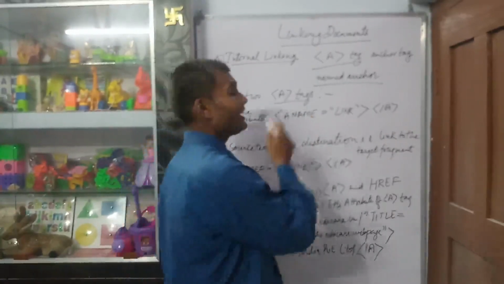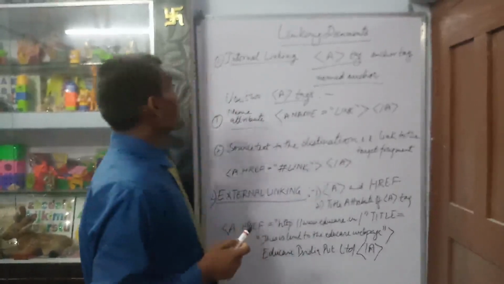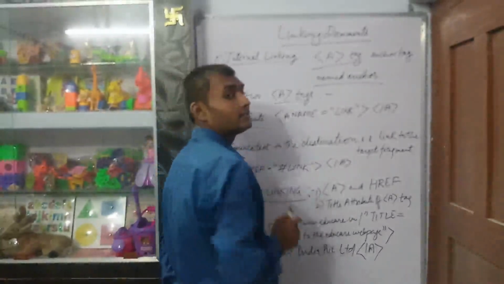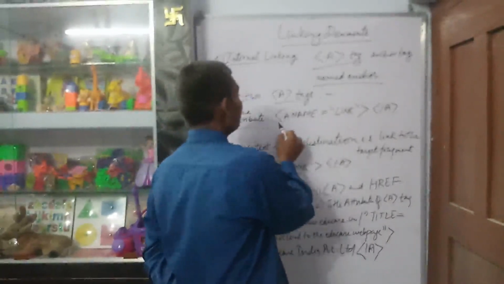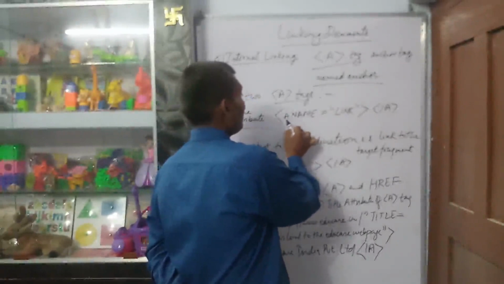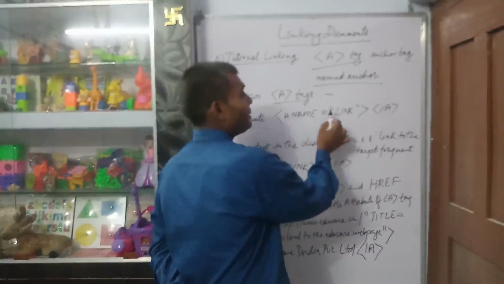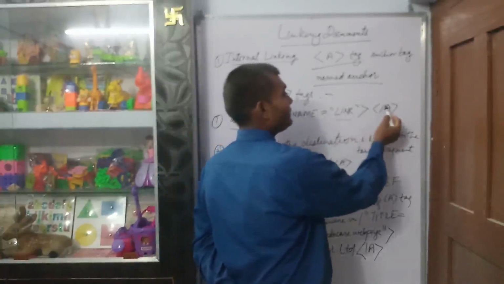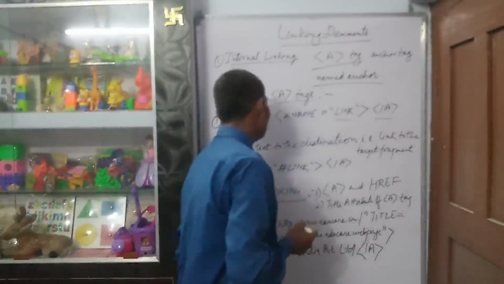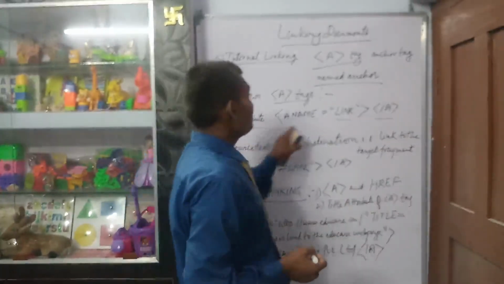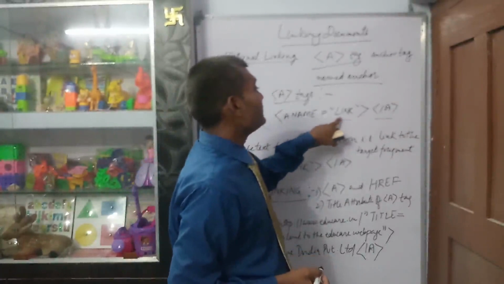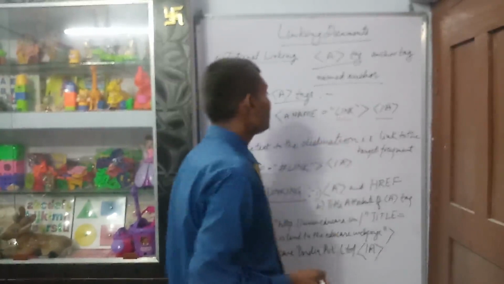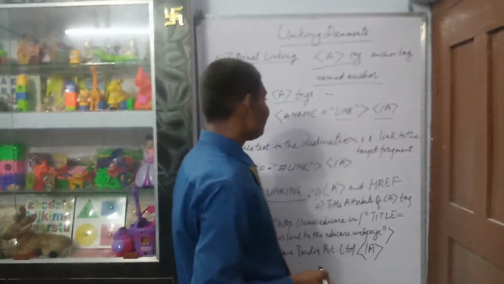When we link internally, we write the syntax of the anchor tag like this: a name equals, in inverted commas, link, and close this anchor tag. This link targets the target fragment. This is called the target fragment.